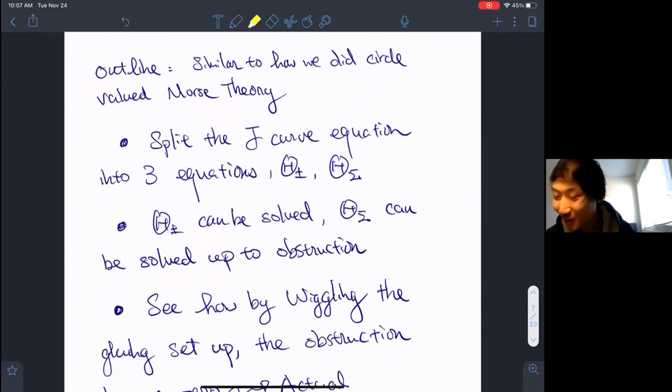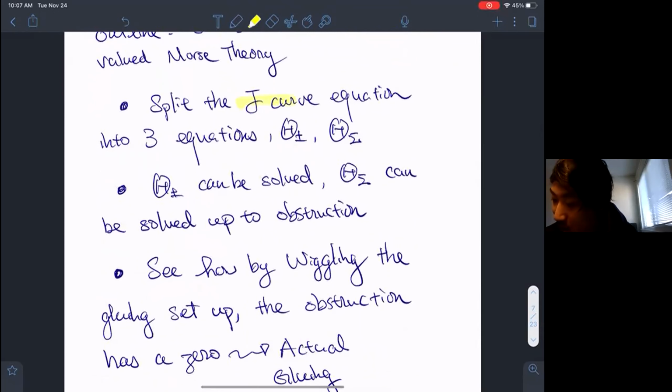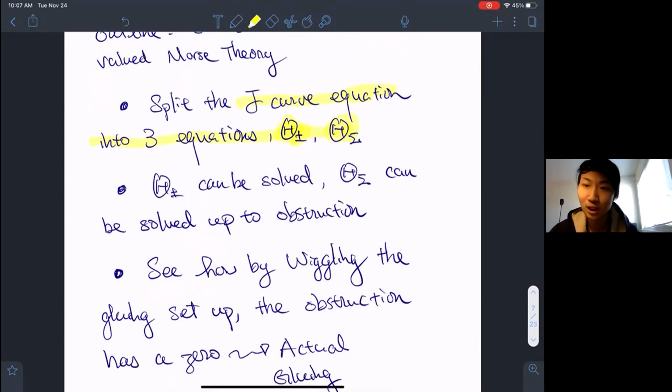So we'll split the J curve equation into 3. Theta plus or minus correspond to parts of the J curve equation on the top, the U plus and U minus, and theta sigma corresponds to part of the J curve equation over the pair of pants.